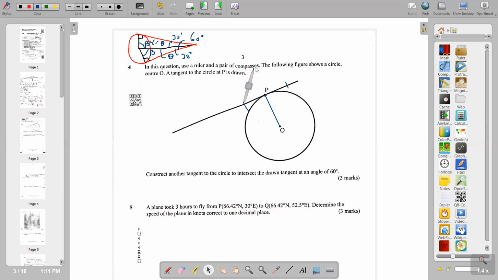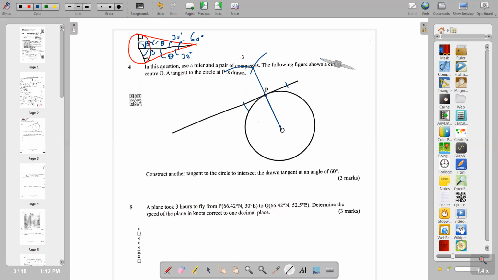To construct a perpendicular line. Then you just draw that line passing through P. You find that it will also pass through the center. You still pass through the center because that is the property. So you find that this angle here is 90.